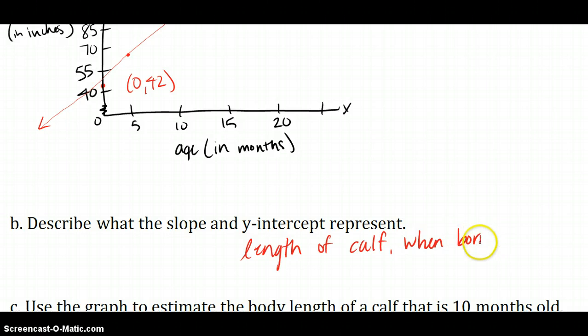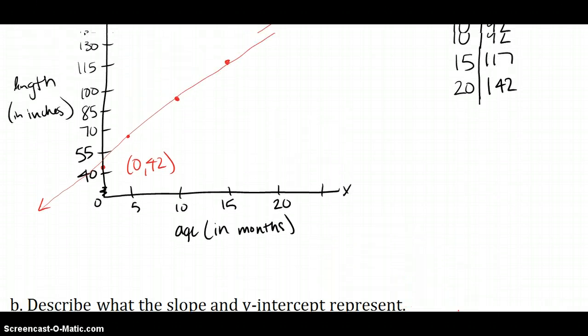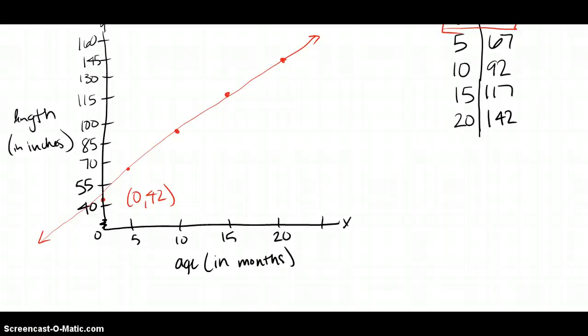So then what does the slope represent? First off, let's find the slope. To find the slope, you can take any 2 points, it doesn't matter. So I'm going to take the first point we have, (0, 42), and the second point, just because they're the smallest numbers. It does not matter what 2 points you choose.